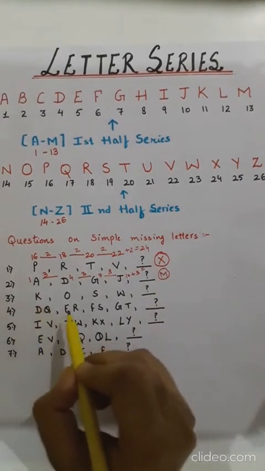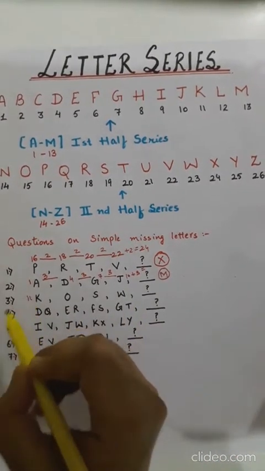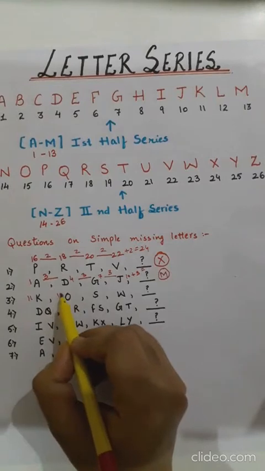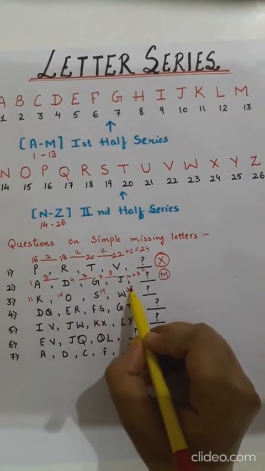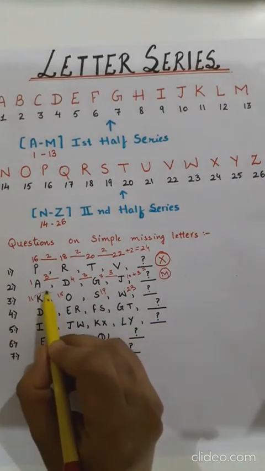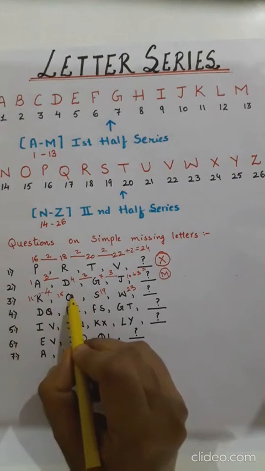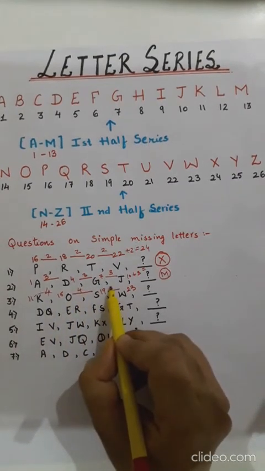Next, K, O, S, W. K comes on 11, O on 15, S on 19, W on 23. The difference between 11 and 15 is 4, between 15 and 19 is 4, and between 19 and 23 is again 4.